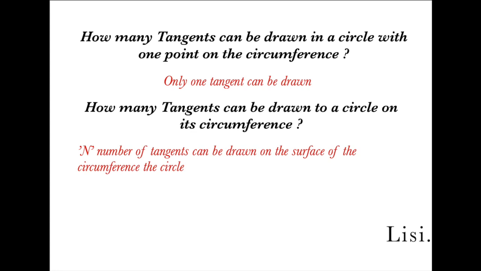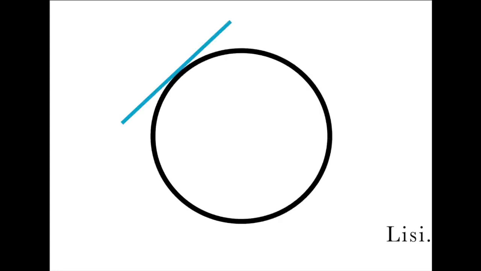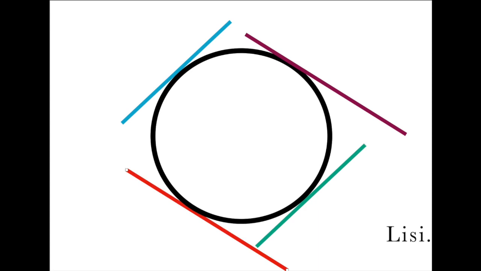How do you construct a circle? Locus of points, isn't it? All the locus of points on the circumference can get a tangent. That's why we say n number of tangents can be drawn on the circumference of a circle, and at a particular point we can construct only one tangent. Clear? Shall we pass on?